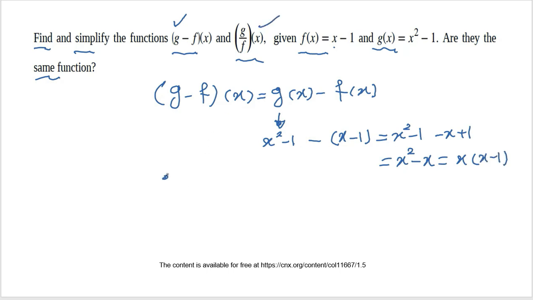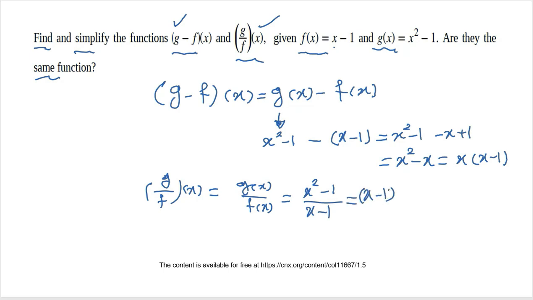And this one, g over f of x is equal to g of x over f of x, which is equal to x squared minus 1 over x minus 1, which is equal to, factoring, x plus 1 times x minus 1 divided by x minus 1, where x is not equal to 1. x cannot be equal to 1, because if x is equal to 1 then it's undefined.